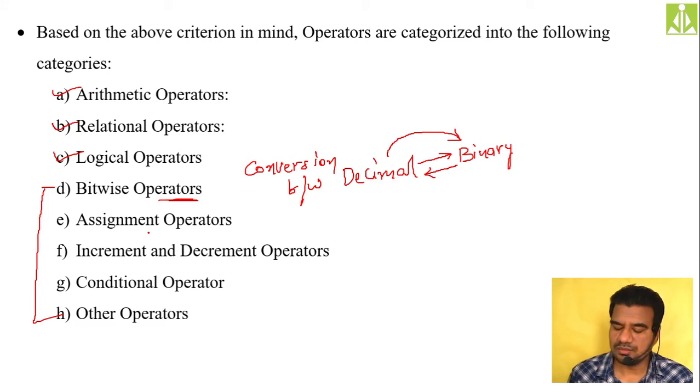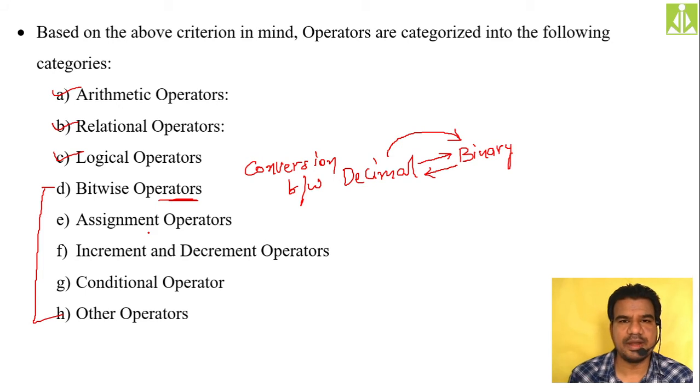Okay, so let's just go to these bitwise operators. These bitwise operators, we said they will operate at a bit level of the given operand. So whatever operand is given to you, generally most of the bitwise operations are binary operations.